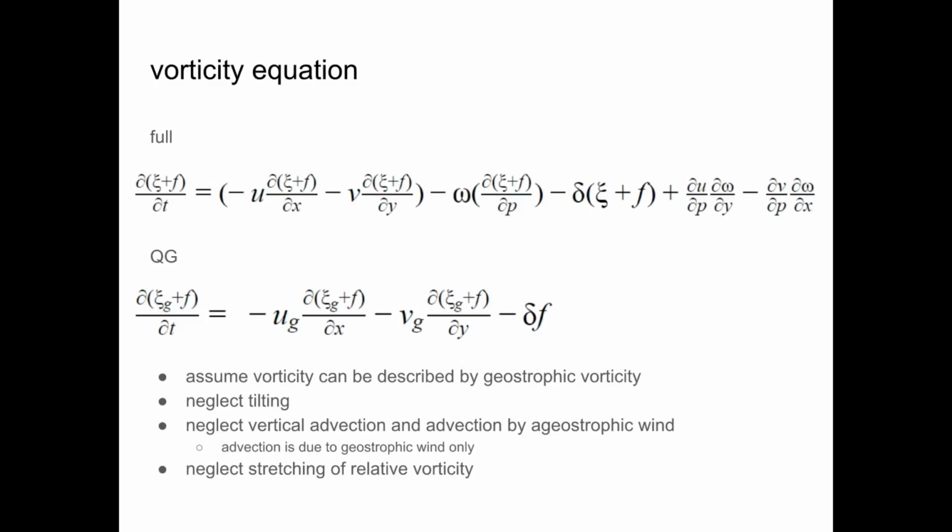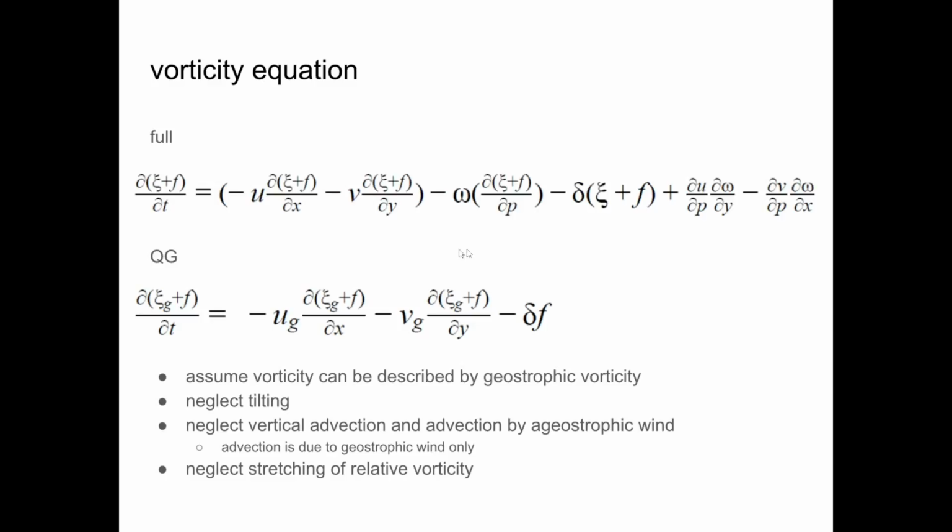This is like the ice skater. As they bring their arms in, they spin faster. That's the effect of convergence and divergence on the vorticity, to either spin it up or spin it down. And then there's the tilting term. These two terms involve the interaction between vertical shear and a horizontal gradient in vertical velocity, and they tilt the horizontal vorticity into the vertical. So the vorticity equation is basically advection, stretching, and tilting.